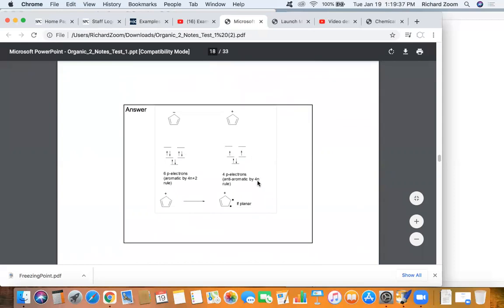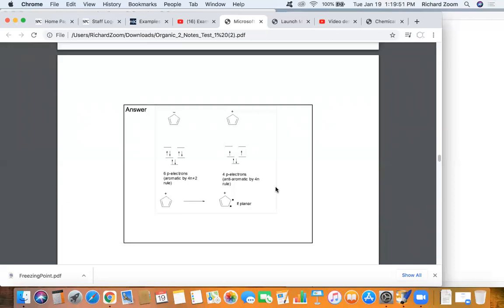And that's the one that's anti-aromatic. And if it was planar, then it would be shown as a double bond, and one of the double bonds would have 2 electrons. And it wouldn't matter which double bond you used and split apart into 2 electrons. Does anybody have any questions?